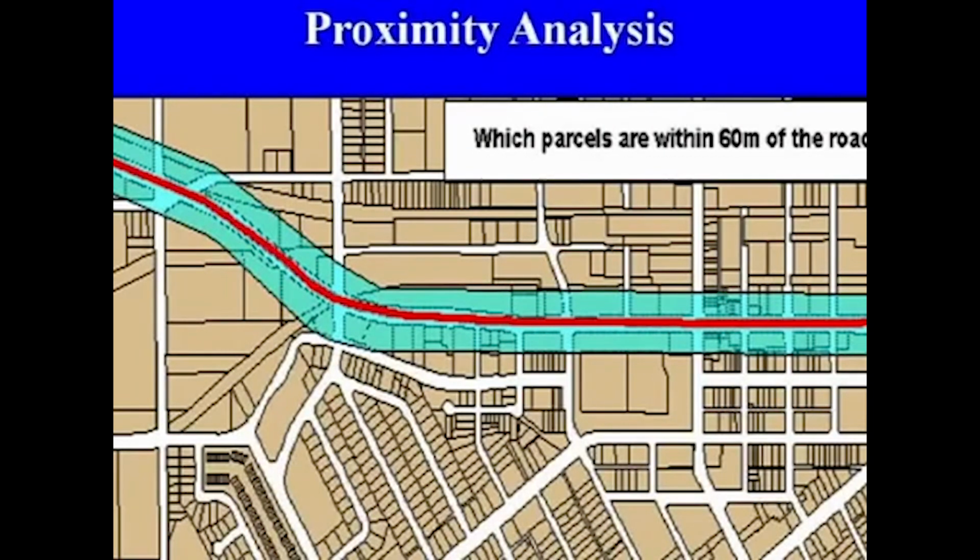The existing road may be only 20 meters wide. So, in order to identify how much land will be under such consideration and how many properties would be affected, we can go for proximity analysis, that is, we can create a buffer.